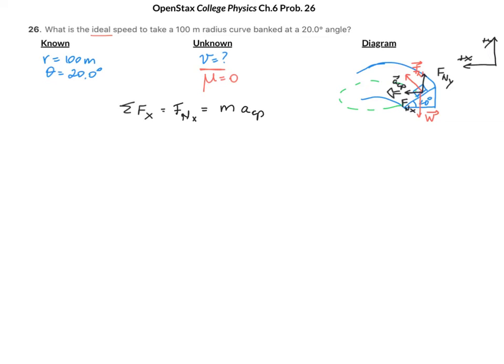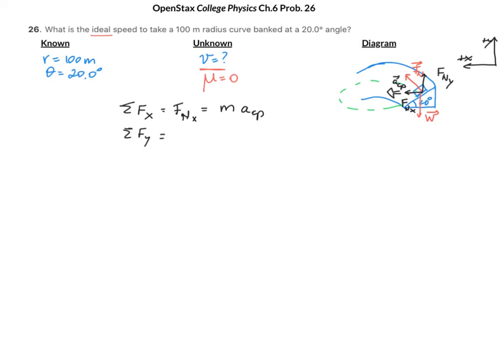In the y direction, we don't want the car to hop up and down along the road, so the normal force in the y direction will have to cancel out the weight, so the sum of these two forces is 0.